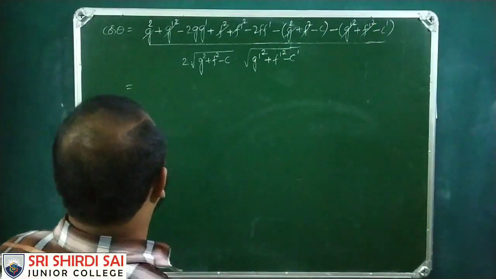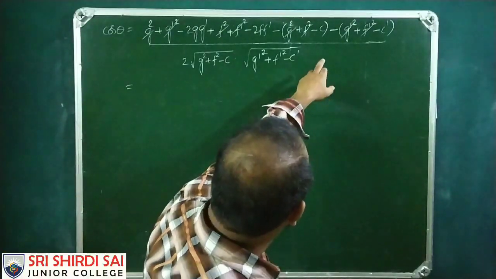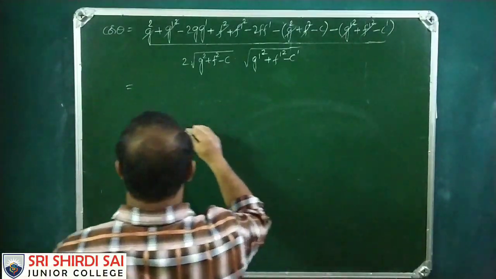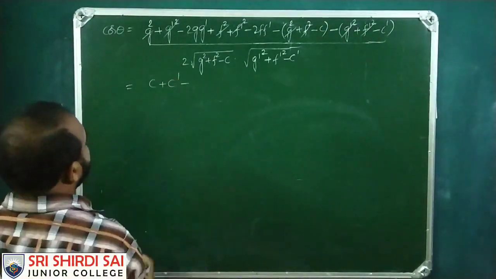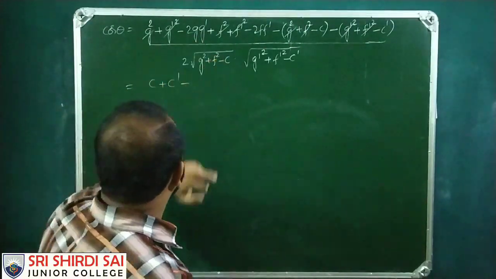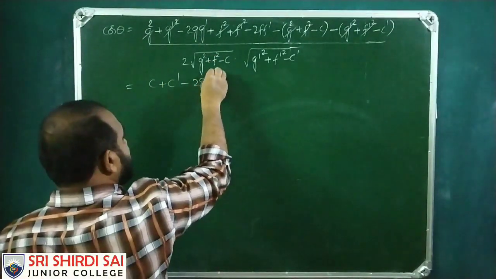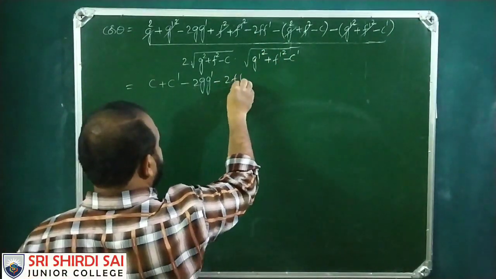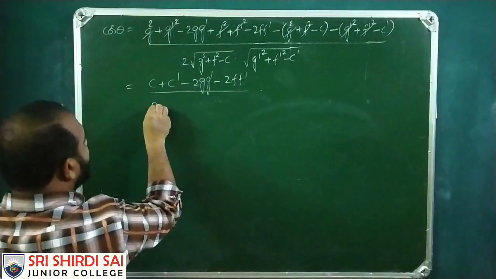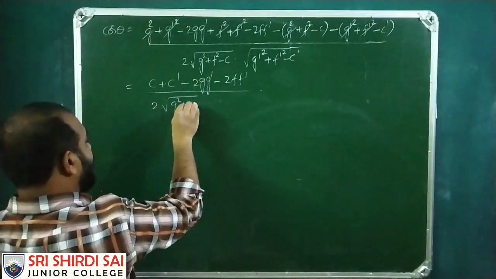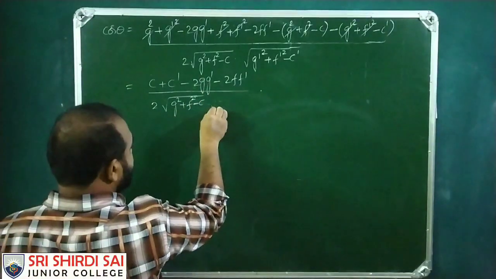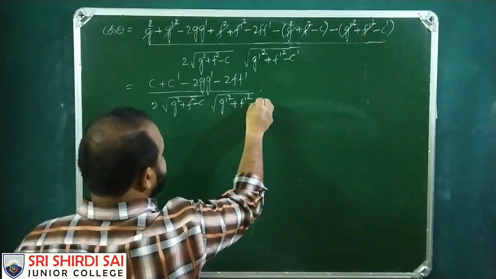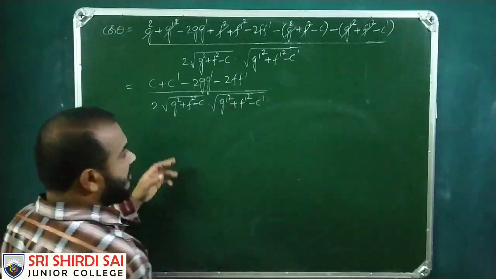So what I am left with is c plus, here minus into minus is plus, so c plus c dash minus 2gg dash minus 2ff dash by 2 root of g square plus f square minus c into square root of g dash square plus f dash square minus c dash. So this is what I have obtained.